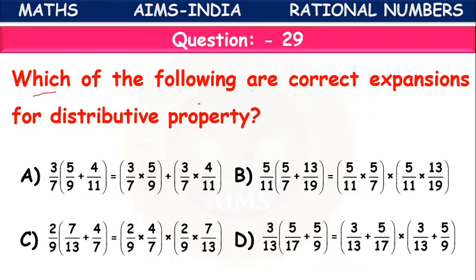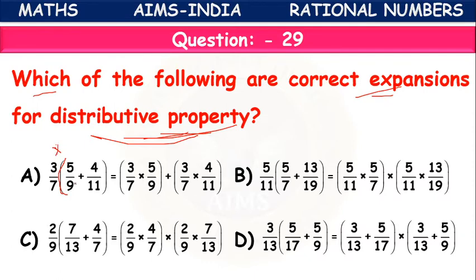Next, which of the following are correct expansions for distributive property? Distributive property means we should have multiplication and addition. If a bracket is there, we assume there is multiplication before the bracket.